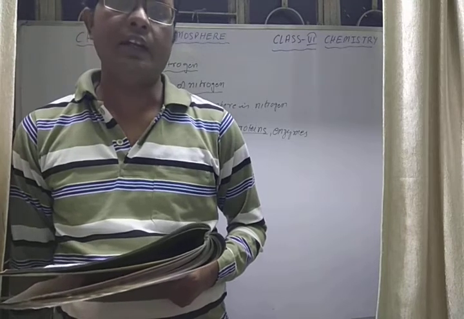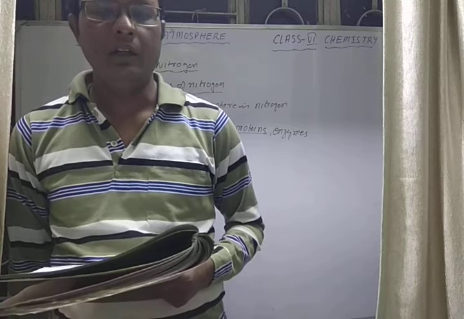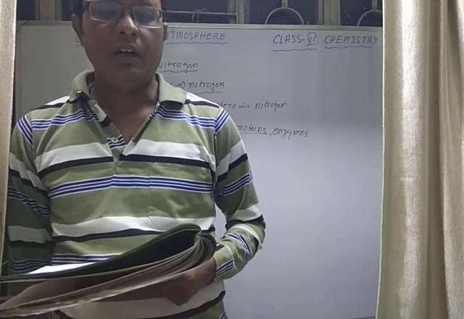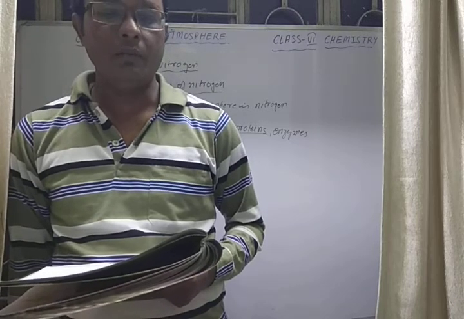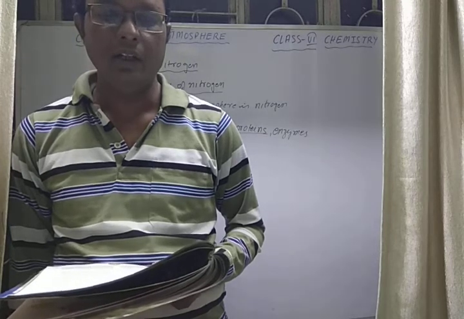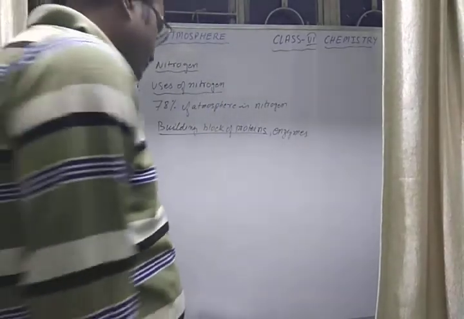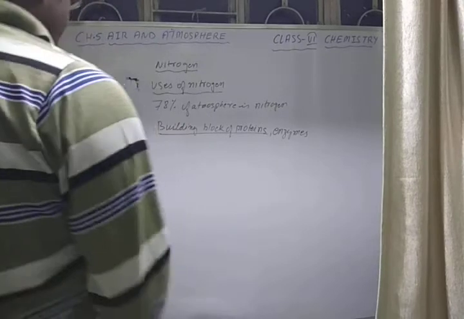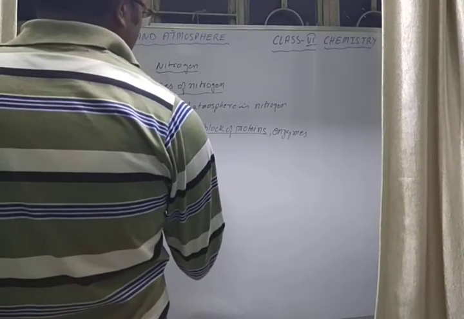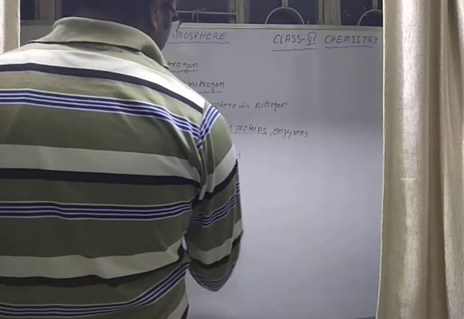This atmospheric nitrogen is first converted into soluble nitrates, some soluble compounds of nitrogen, with the help of blue-green algae and certain types of bacteria that live in the soil, by the process of nitrogen fixation. It is a very important term, nitrogen fixation. So what is it?